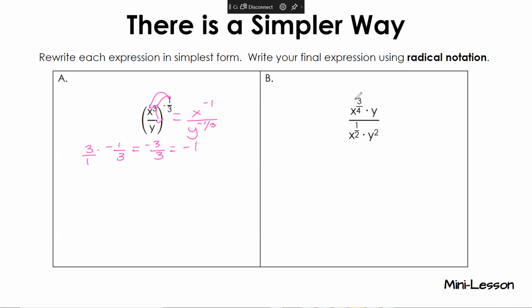They flip the fraction. So we're going to get y to the 1/3 and x to the first power, which we can just write as x. Now they asked us to write this in radical notation, right? So how can I write y to the 1/3 power in radical notation?